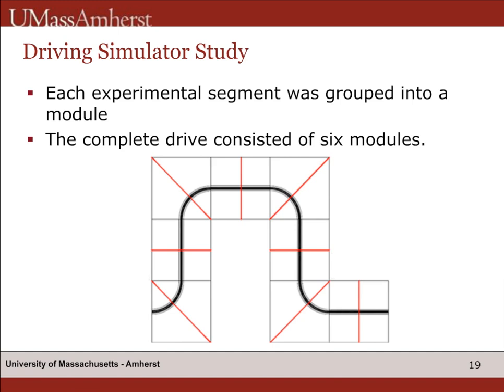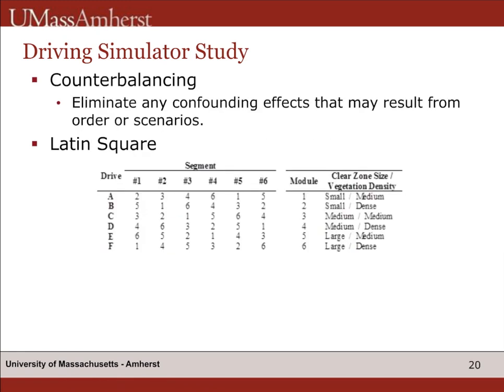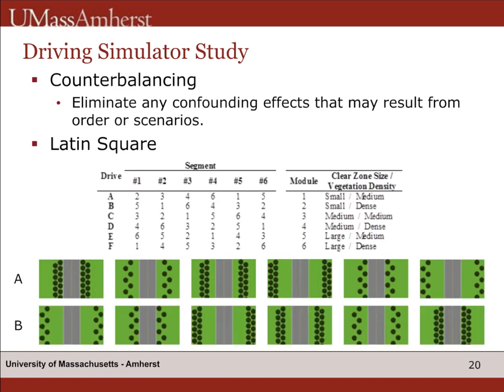So by using fixed analysis points, it was easier to work with the data. And then we used a Latin square design to counterbalance the scenarios, so that not every driver experienced the same segment in the same order.